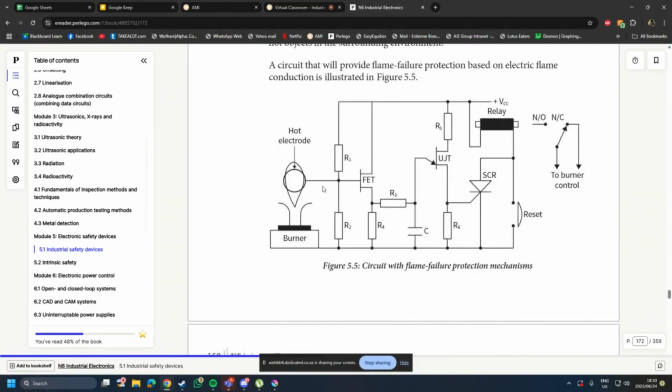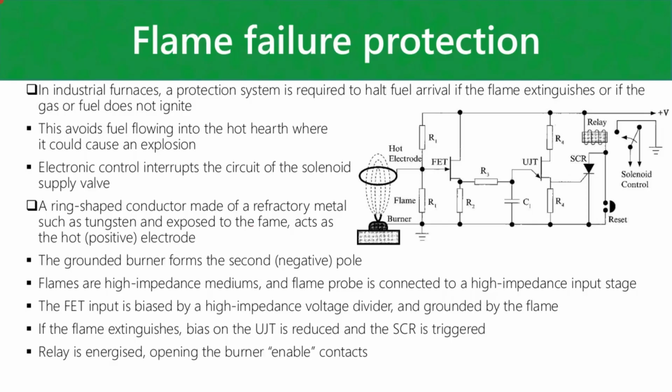Now, the circuit that we're going to take a look at, which is this one, so I'm just going to quickly go back to the slides. So I would say this is a hot electrode detector, I would describe it. This makes use of a ring-shaped conductor that is made from a refractory metal, so a metal that can handle very high temperatures.